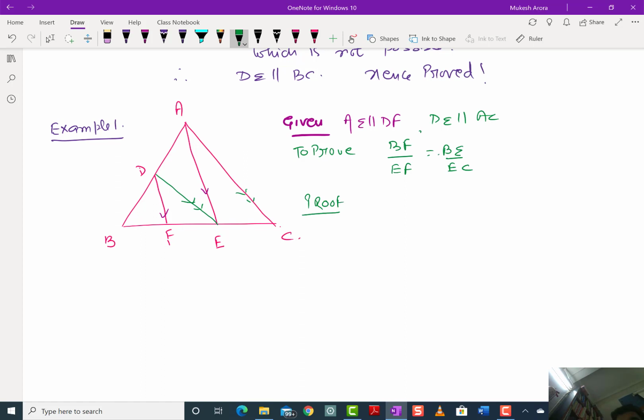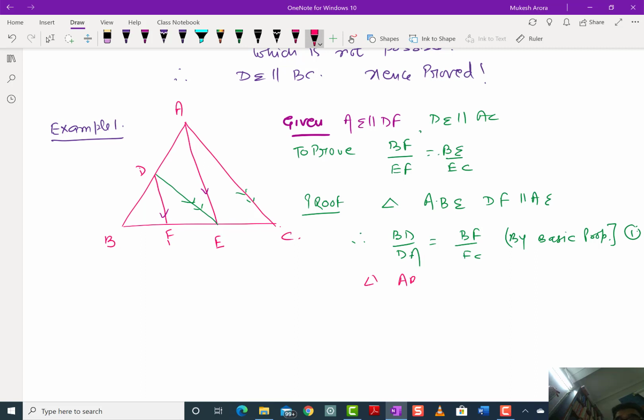As lines are parallel, we will have two triangles. The first triangle is triangle ABE. DF is parallel to AE, therefore BD upon DA is equal to BF upon FC by the basic proportionality theorem. Now triangle ABC.